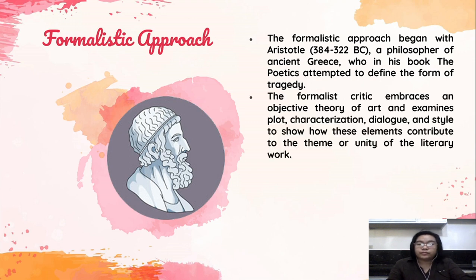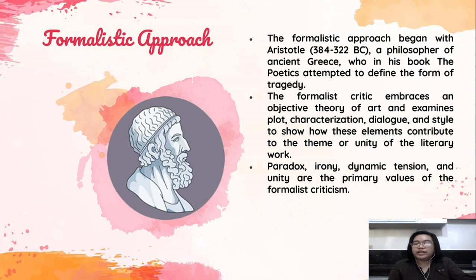The formalist critic embraces the objective theory of art and examines the plot, characterization, dialogue, and style to show how these elements contribute to the theme or unity of the literary work. If all the elements work together in a literary work, it produces formal unity.